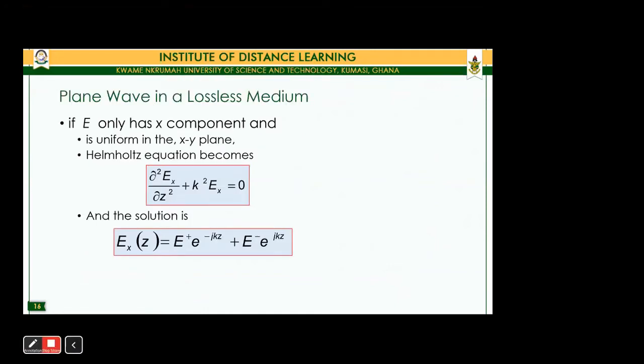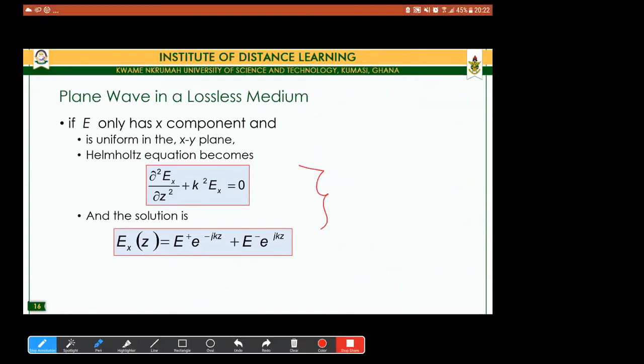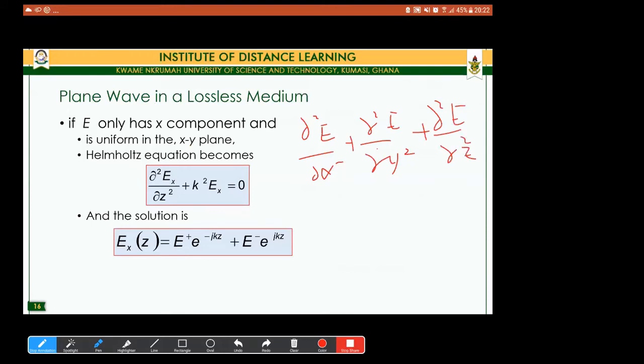So if we consider only the x component, which is propagating in the z direction, then instead of del squared E(x,y,z) equals del squared E over del x squared plus del squared E over del y squared plus del squared E over del z squared, and this E will be a function of what? x, y, z.